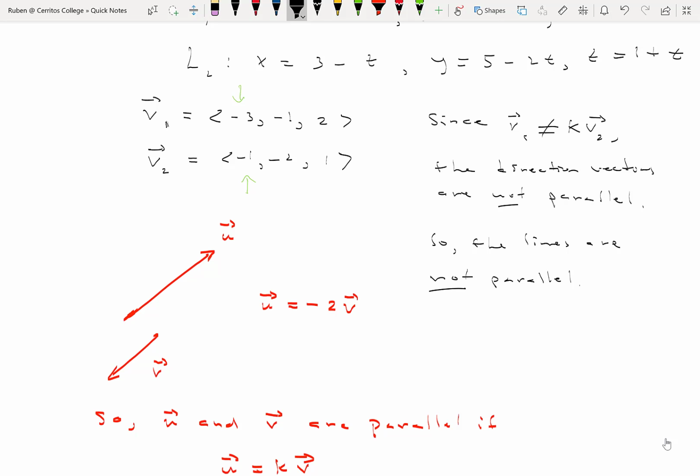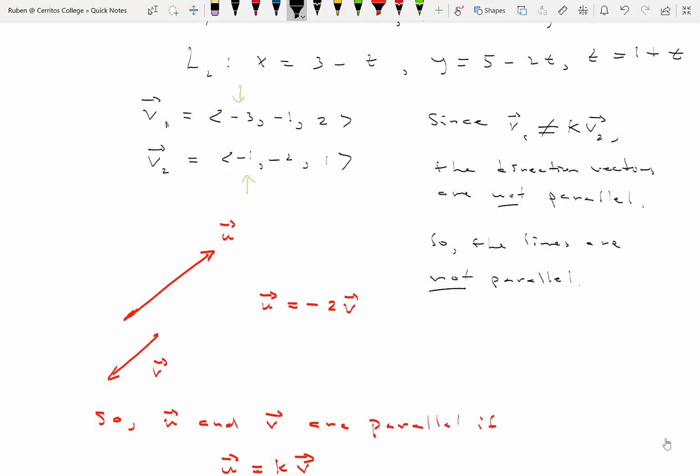If two lines are not parallel, must they intersect? Absolutely not. You can have the flight paths of the two airplanes not parallel, but they certainly don't have to intersect.